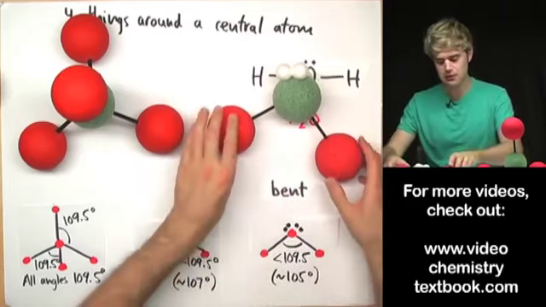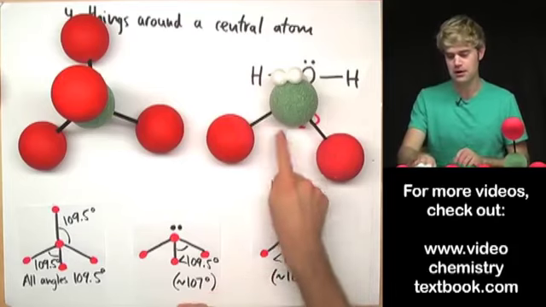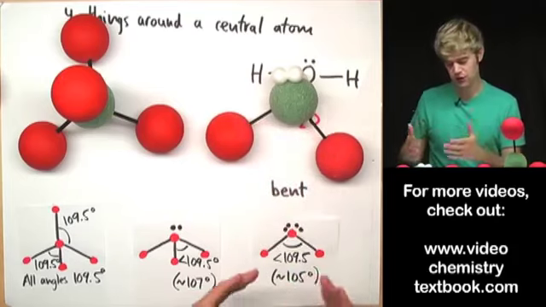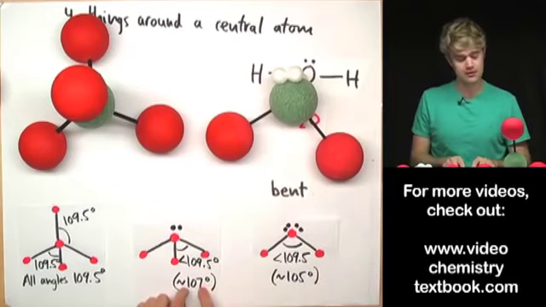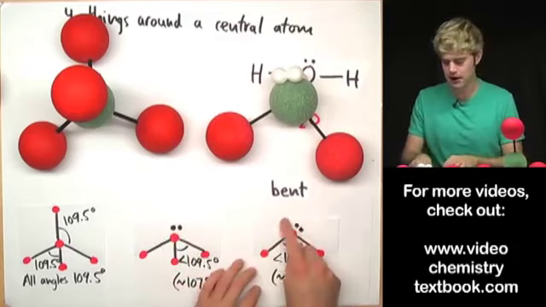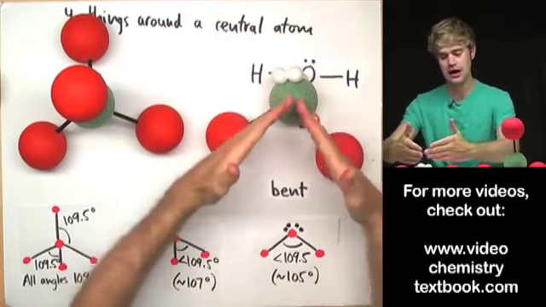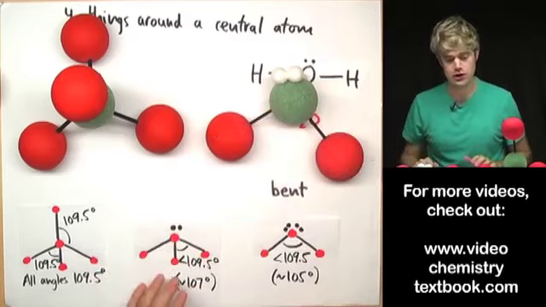So in a bent molecule like water, the angle between them is going to be about 105 degrees, which is less than 107, which is less than 109.5. So the more unshared electron pairs you add, the tighter the 2 or more atoms get pushed together.